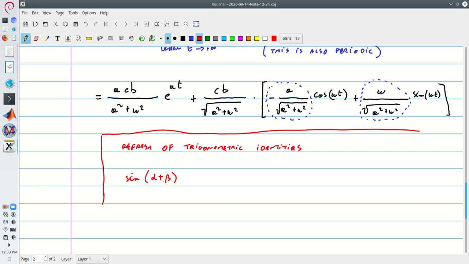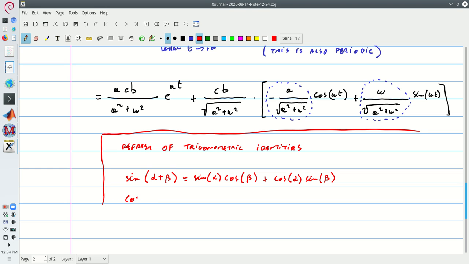The sine of the sum of two angles, alpha and beta, can be written as the sine of alpha times the cosine of beta plus the cosine of alpha times the sine of beta. This is one of the two more often used trigonometric identities.